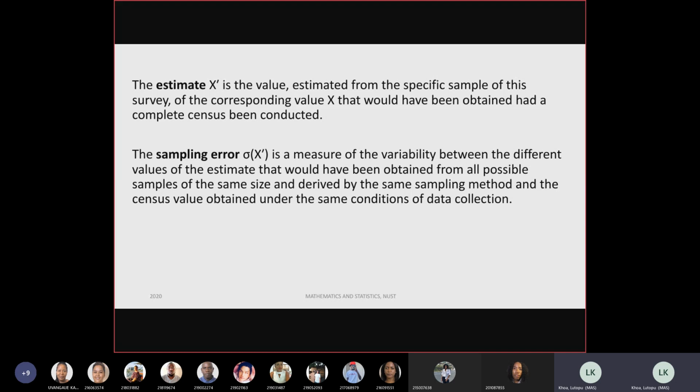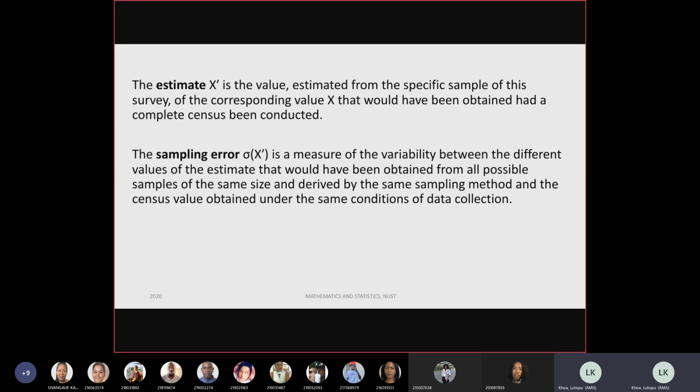And then the sampling error is a measure of the variability between the different values of the estimate that would have been obtained from all possible samples of the same size and derived by the same sampling method, and the census value obtained under the same conditions of data collection.